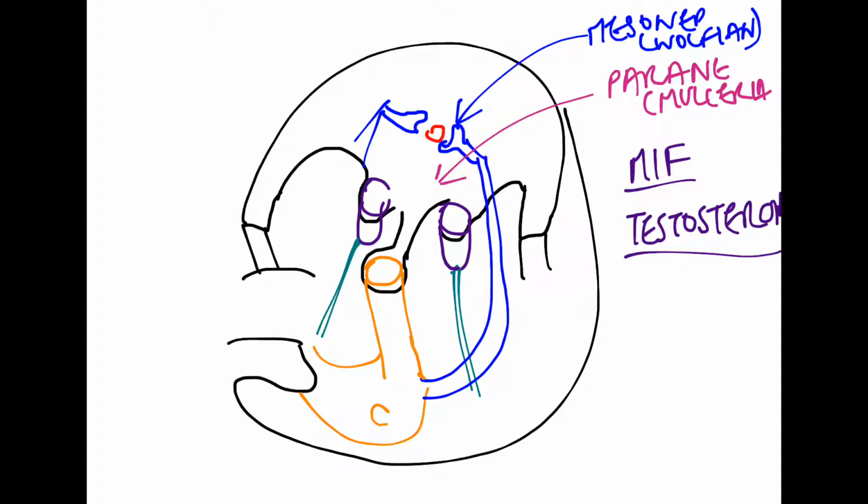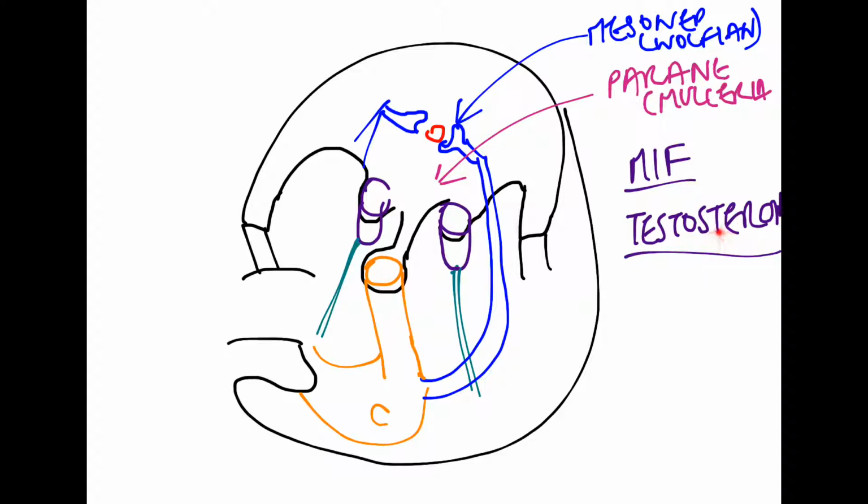Now, testosterone helps prevent the degeneration of the mesonephros duct, or the Wolffian duct. Remember that in the female, the mesonephros duct degenerated because we weren't forming a male, okay, and also because there was no testosterone.